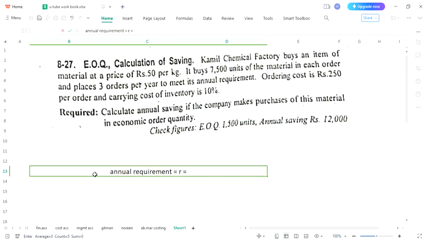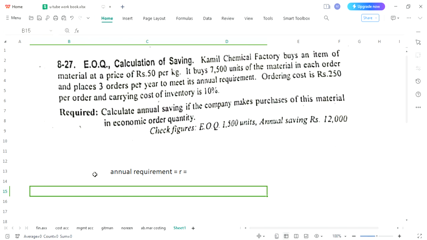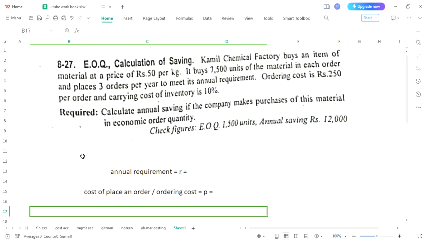It would be denoted by R. Then the cost of placing an order, or ordering cost, denoted by P. Then you will be related with unit cost, that is, how much the cost of one unit is.